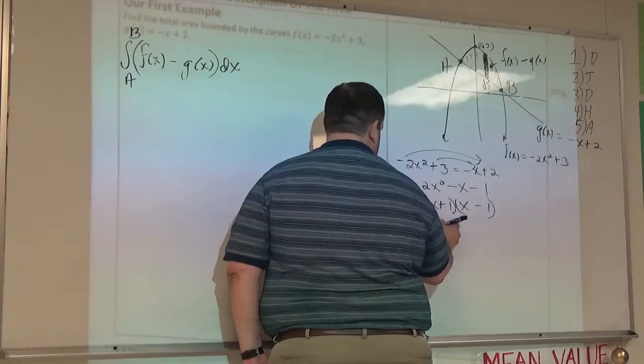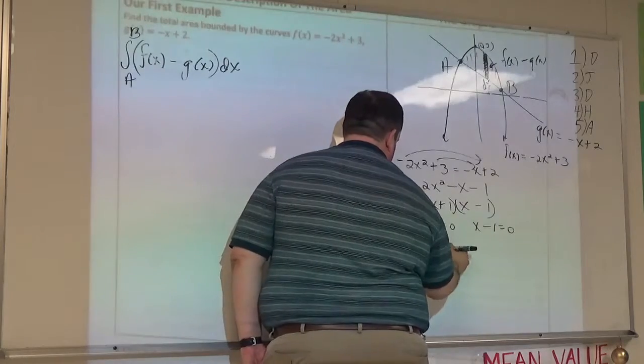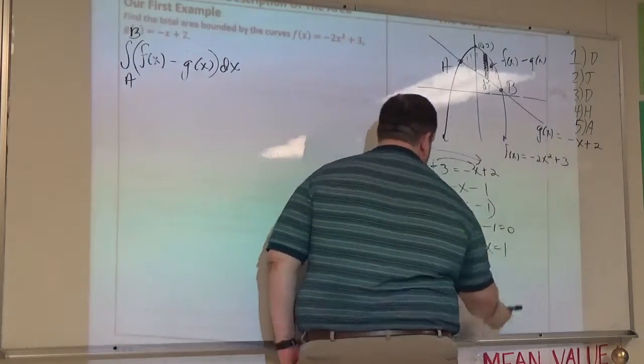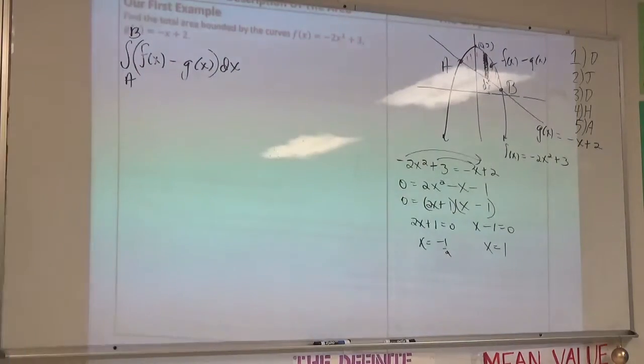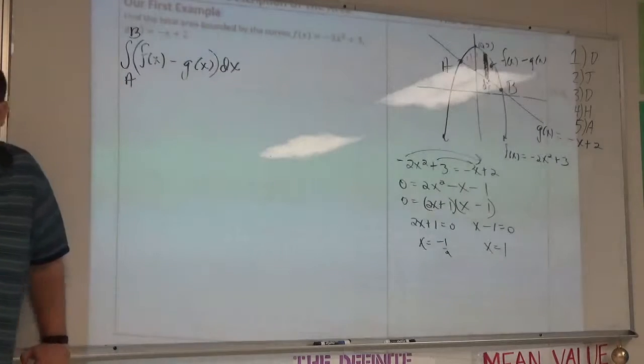So I think the intersection points are negative a half and 1. If you want to confirm those on your calculator, feel free. I've got negative 0.5. You get negative 0.5, which some of us even know to be negative a half.